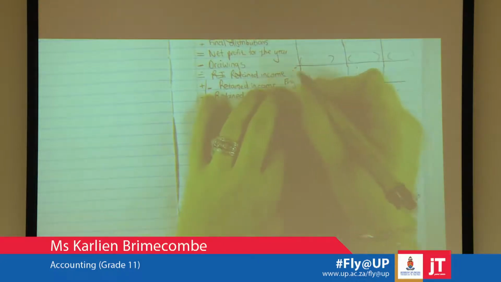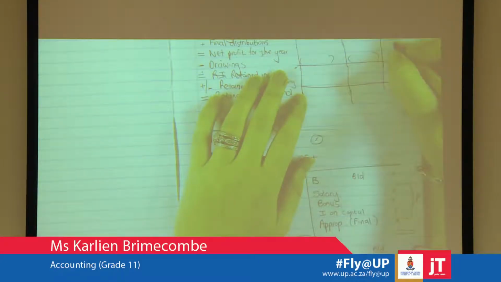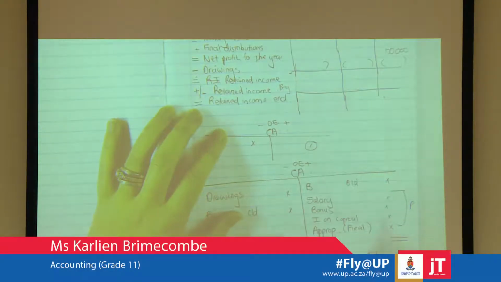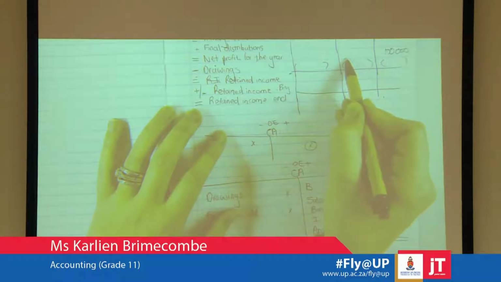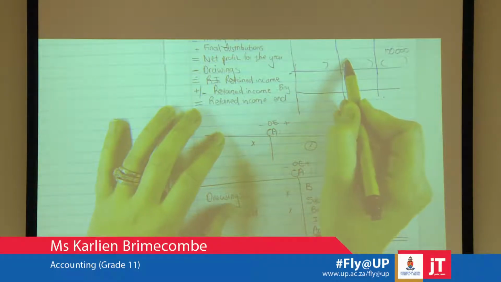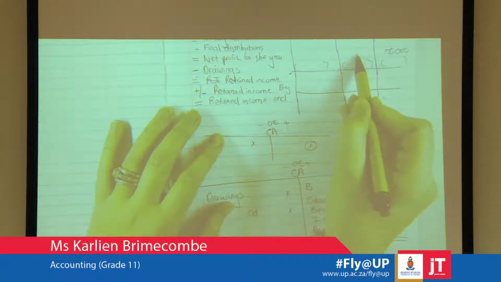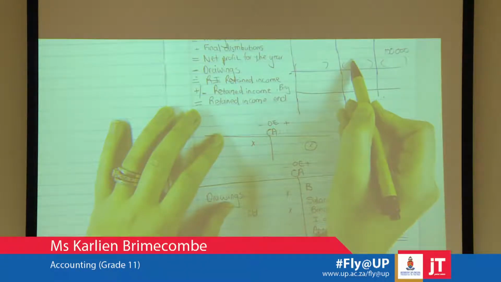Okay, let's say the net profit per income statement is 100,000 in the year. Do we ever take that and divide it by the ratio? Okay, it's a common mistake. It really is. Why? That's not the final distribution of profits.